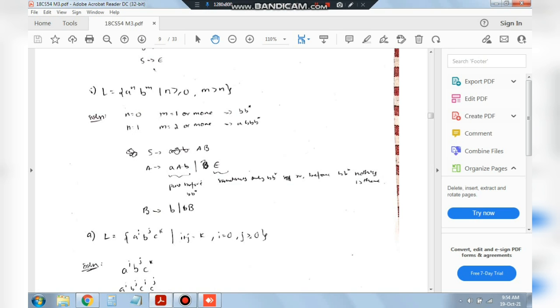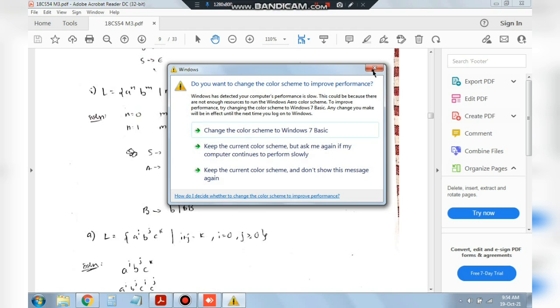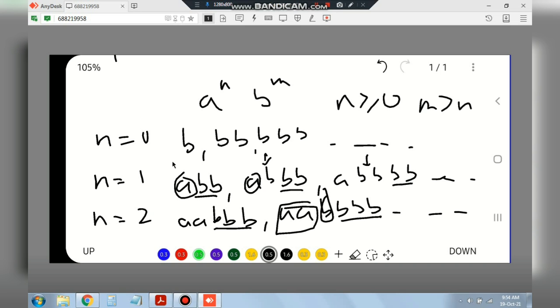Here we'll have S goes to AB. We'll divide this into two parts. The first part is A, which goes to the part before b star. b star means 0 or more b's. If n is equal to 0, like I have written here, we'll have no a here. What we'll have is b and b star.